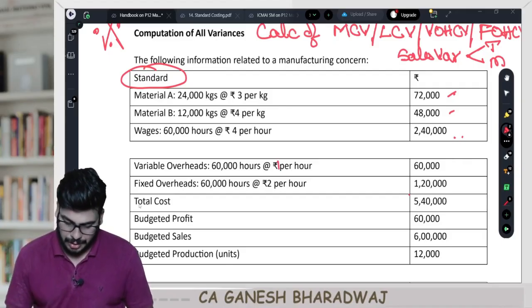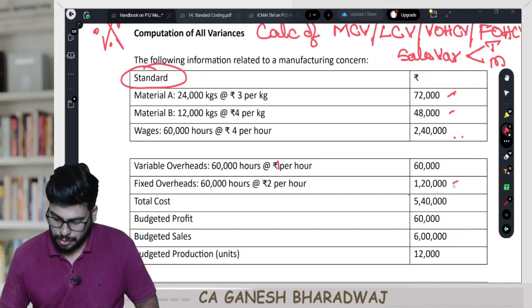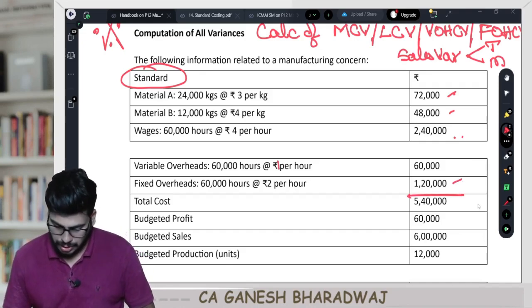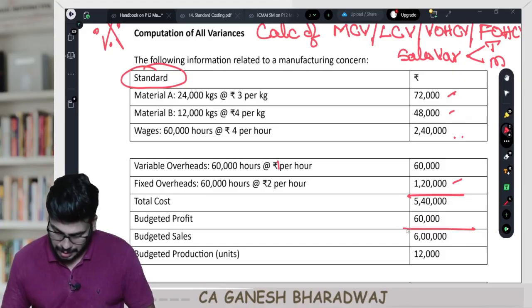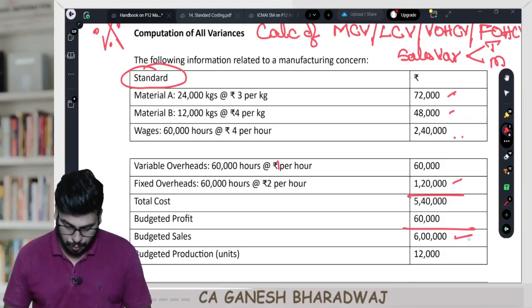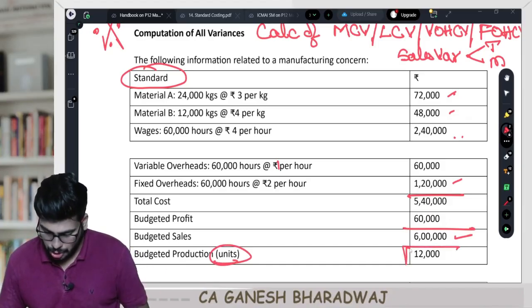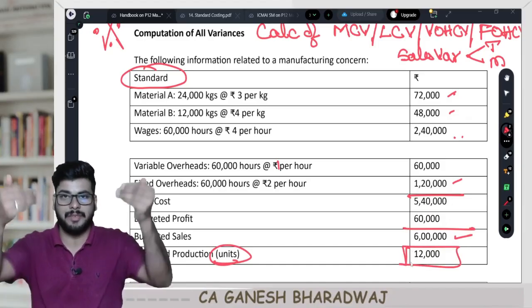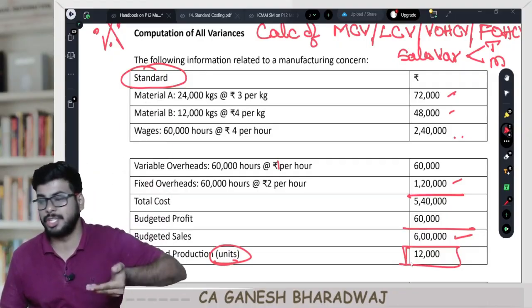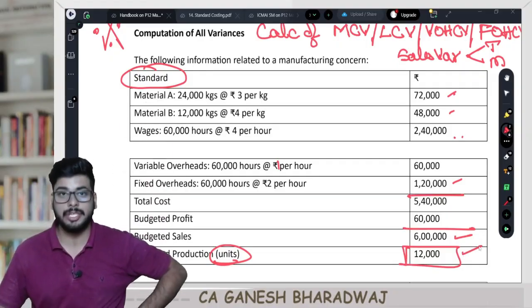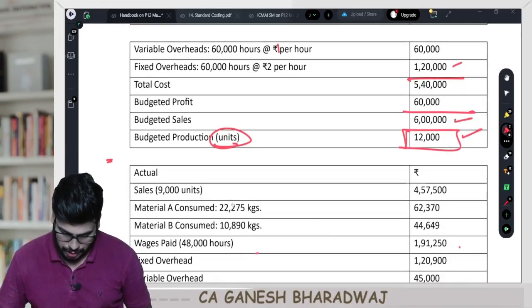Then you have fixed overhead, 60,000 hours at the rate of 2, it's going to be 1,20,000. The total cost is 5,40,000. Budget profit is 60,000 rupees. So the budget sales is going to be how much? 6 lakh rupees. And the budgeted units of production is going to be how much? 12,000 units. So basically they have given us the entire budget pertaining to how many units? 12,000 units.